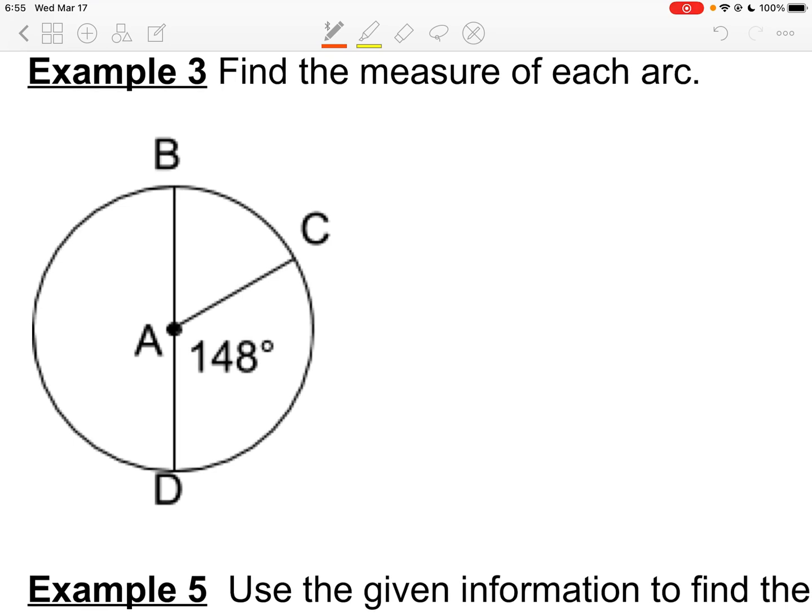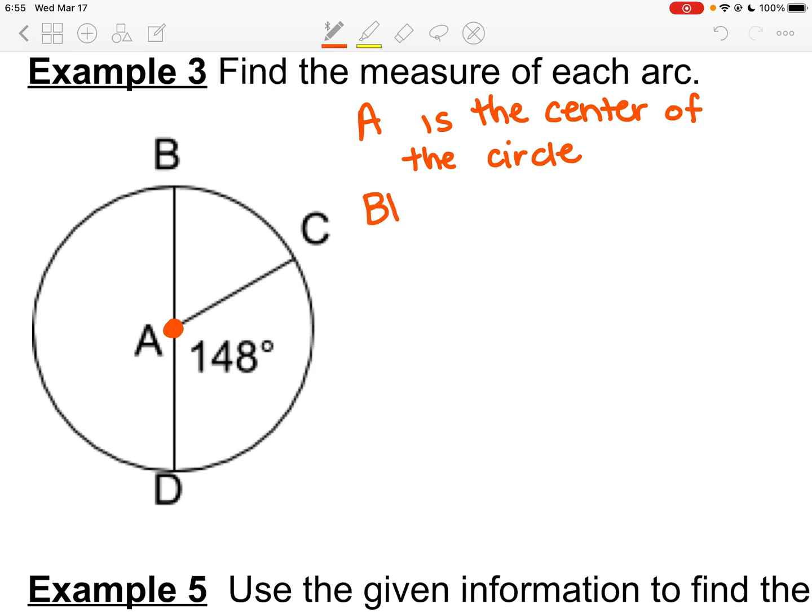So from this, I know that A is the center of the circle. So if A is the center of a circle, then BD is a diameter.